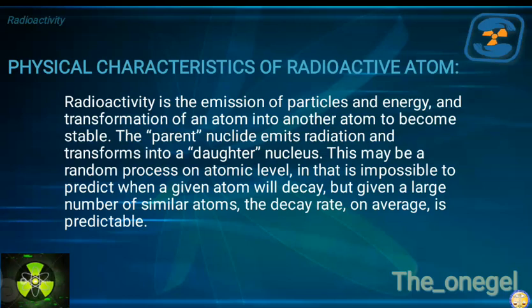Okay, by the way, so as a review ng atomic nomenclature, ano po? So, X designates the element. A is the atomic mass and Z is the atomic number. So, kumbaga, itong side na to will now be your parent, di ba? Parent nuclide.